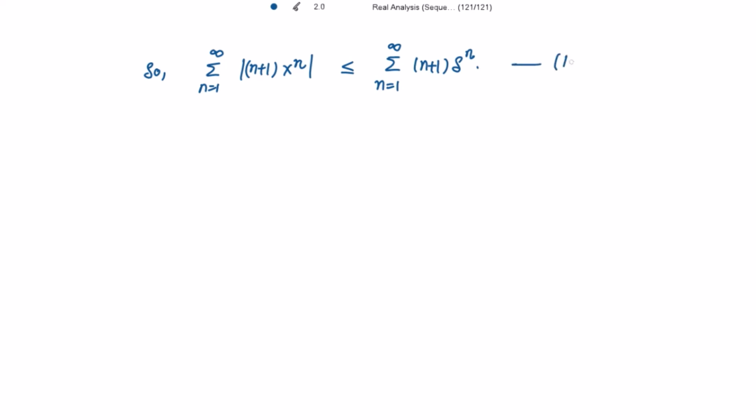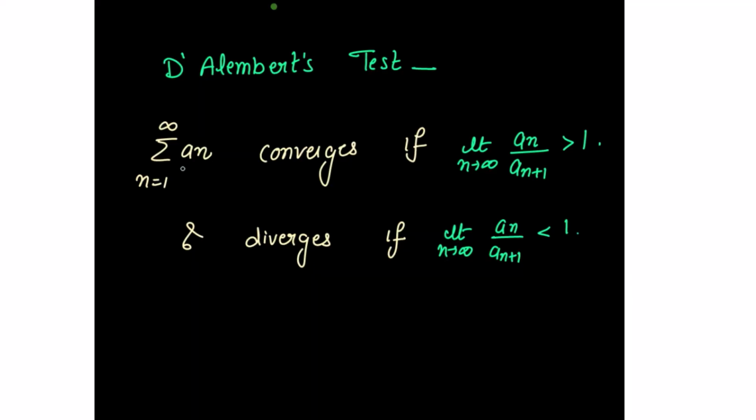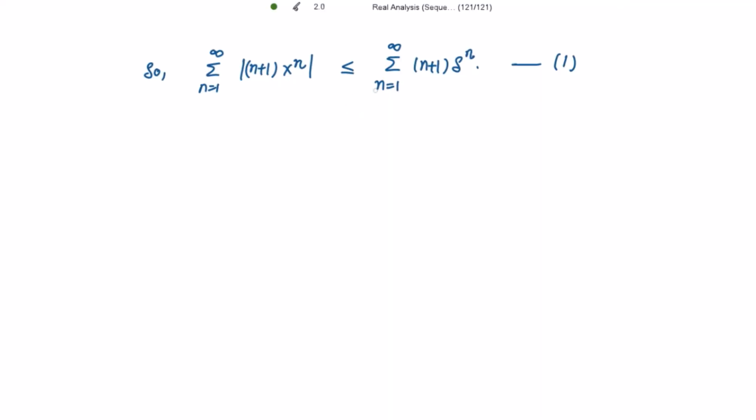Please mark this as 1. Because I need to use D'Alembert's test over here, I need the infinite series summation an. Now this right hand side is also an infinite series. So let's consider n plus 1 into delta to the power n to be an. So let an equal n plus 1 into delta to the power n.